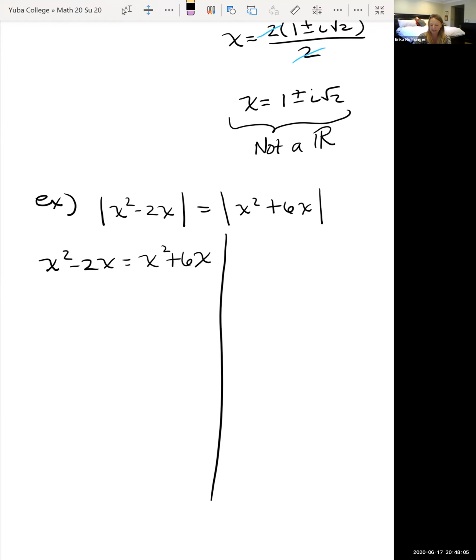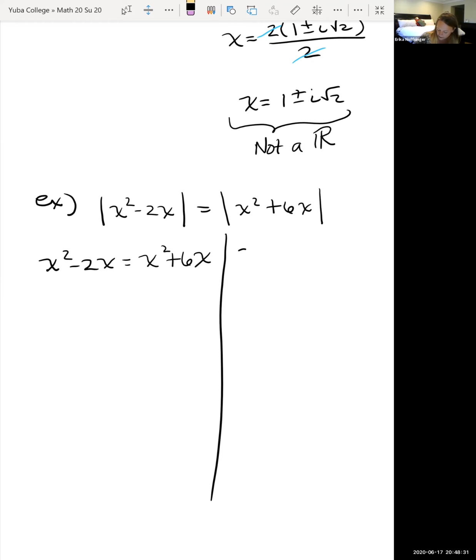So if one of these answers in here, the value of x gave us the negative of a number, and the other one was the opposite of that, taking the absolute values of both of those would give us the same number. So if there's more than one term on the other side of the absolute value sign, you have to set that equal to the negative of that whole thing.